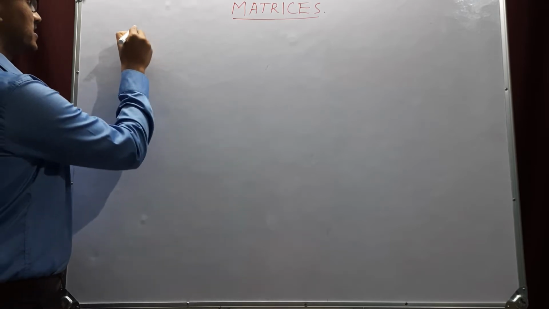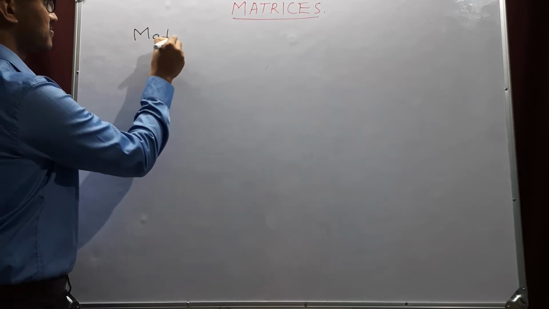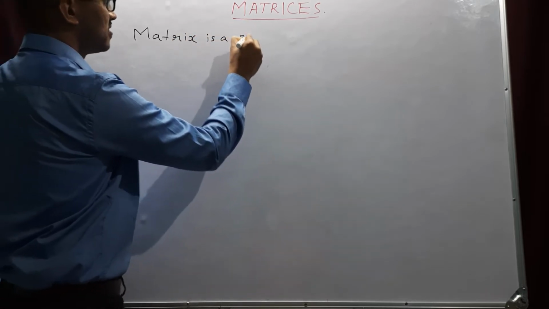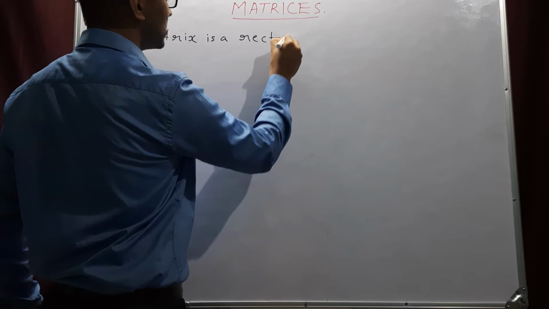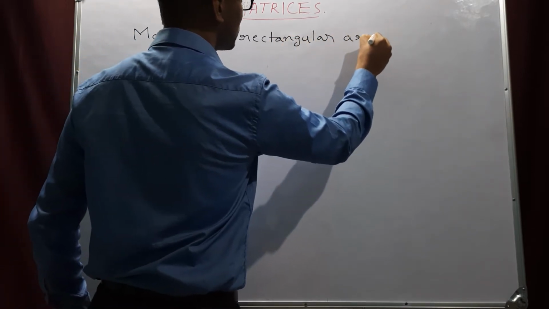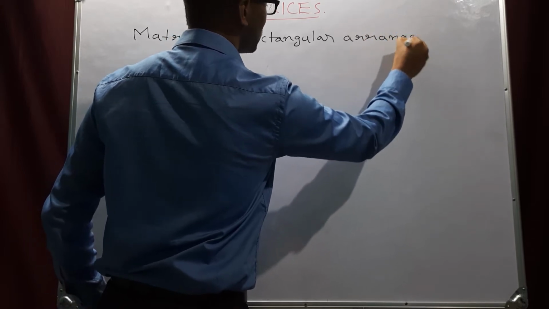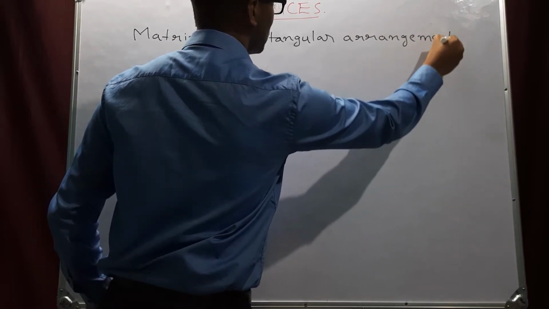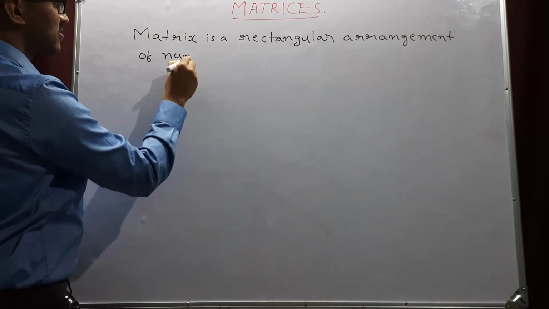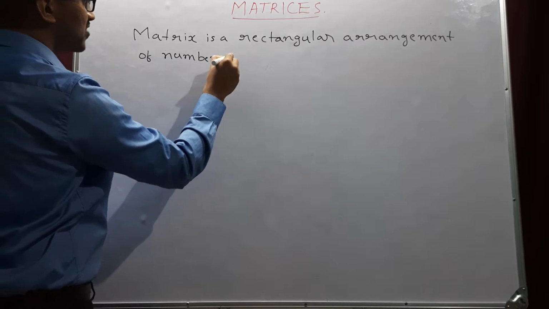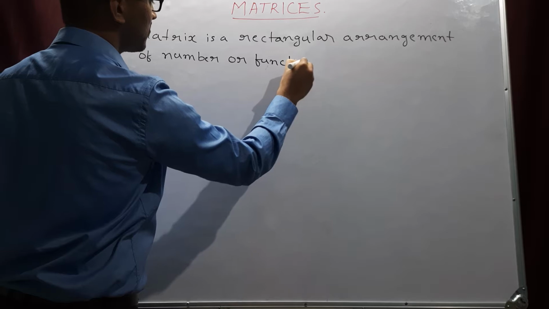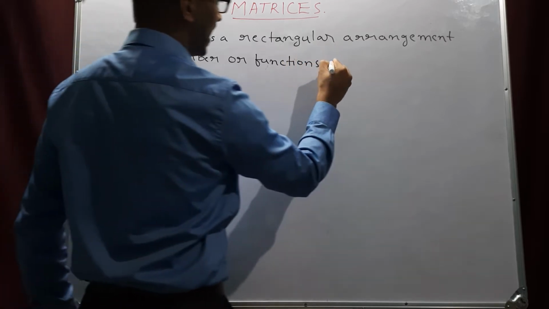So matrix is a rectangular arrangement of numbers or functions in rows and columns.